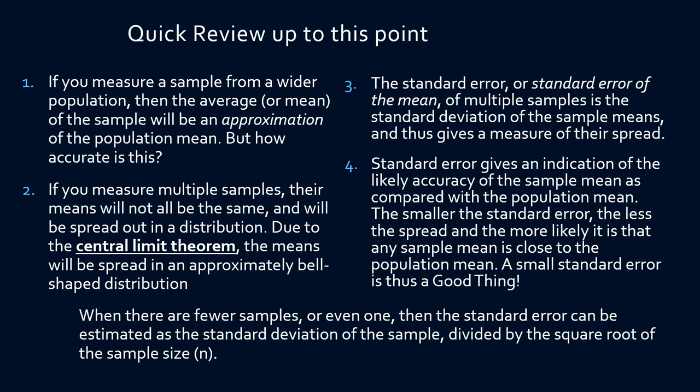So if we get a small standard error, we know that all of those sample means are grouped together, and it's probably more accurate for us than a standard error that's really huge and spread out. Okay, if all of the samples that we've taken and all the means are really, really close to each other, we've got a good indication of what the actual population average is. All right.